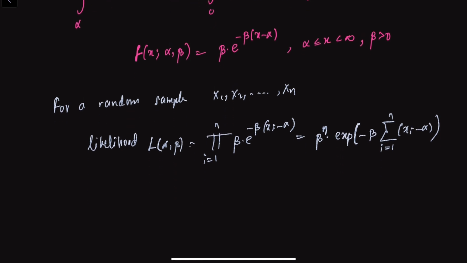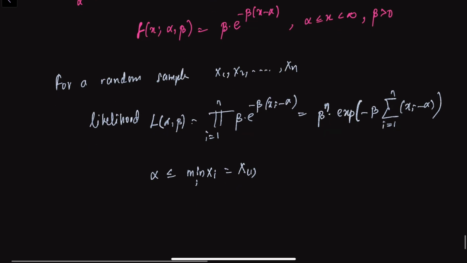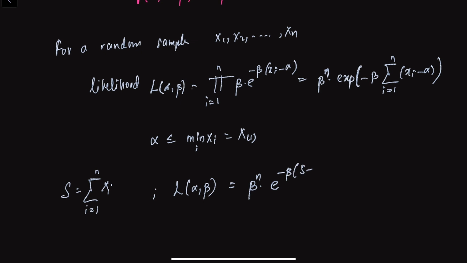The parameter space is constrained by alpha less than or equal to the minimum of this sample, the first order statistic. Otherwise the likelihood is 0. If I consider s equal to summation i equals 1 to n of xi, I can write the likelihood as beta to the power n e to the power minus beta (s minus n alpha), where alpha is less than or equal to the first order statistic.